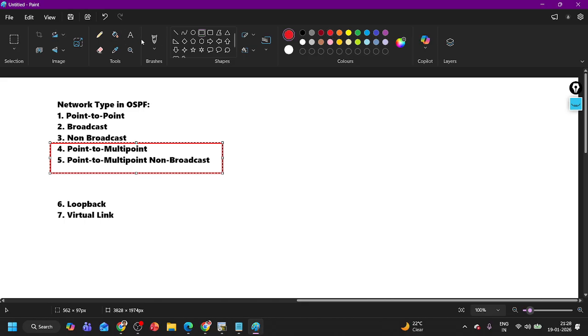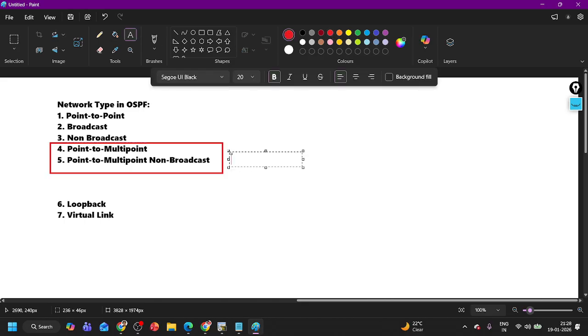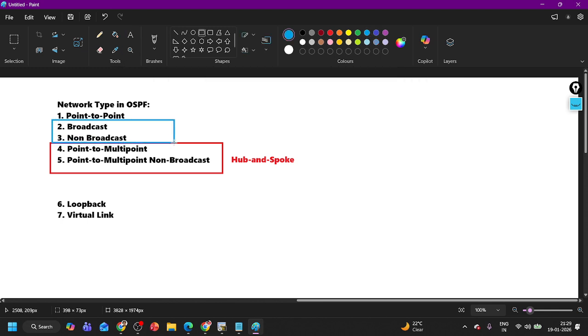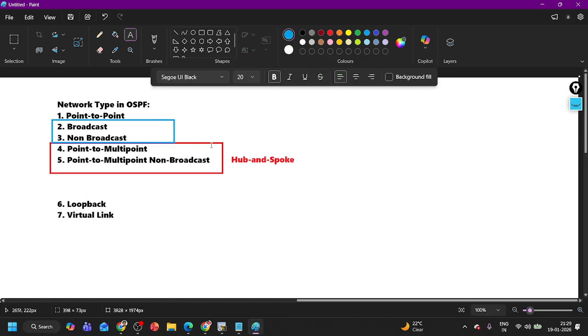In hub and spoke topology, you will see broadcast and non-broadcast network types are not going to work well. They will work great in the case of full mesh topology. And point to point you already know, for a point to point link.